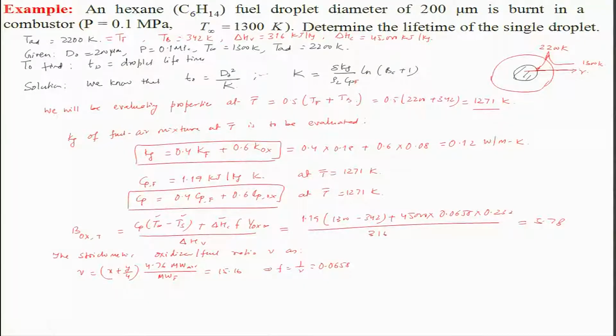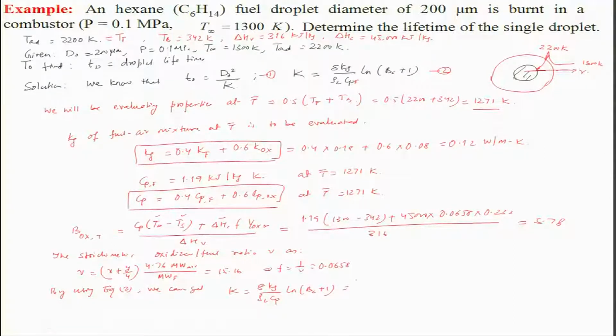I can say this is equation 1 and this is 2. By using equation 2 we can get basically K as 8 kg by rho L Cp times ln of Bc plus 1, right.